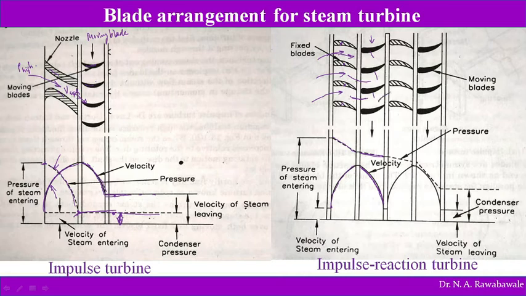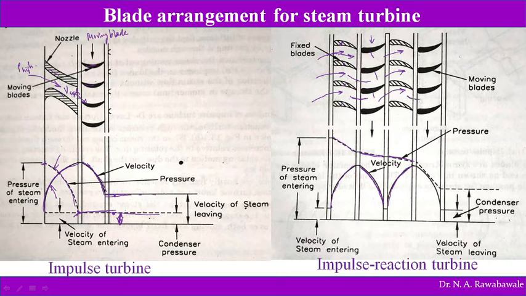Again the steam is passed into the set of fixed blades. Once again it is passed through the set of blades, so velocity is again increased and pressure gets reduced. Simultaneously there is a reduction in pressure and an increase in velocity in the set of fixed blades.